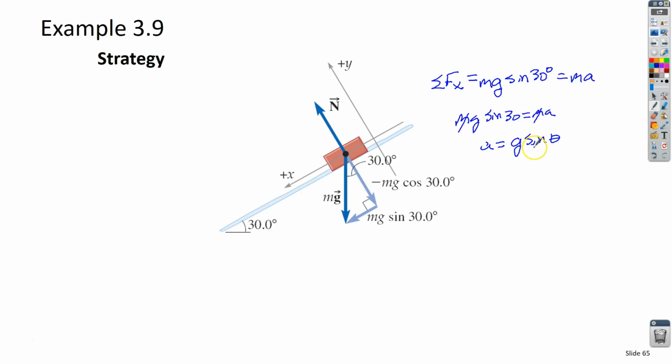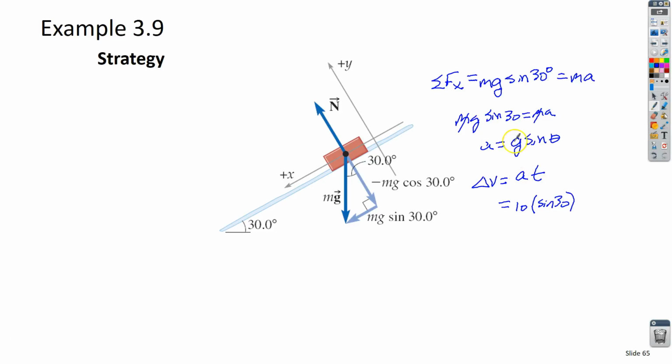Remember, they want us to figure out how fast this is going. So we know that the change in velocity is just equal to our acceleration times time. We know our time is 0.9 seconds. And so we're going to take our acceleration, which is g, so that'd be 10, times the sine of 30 degrees.